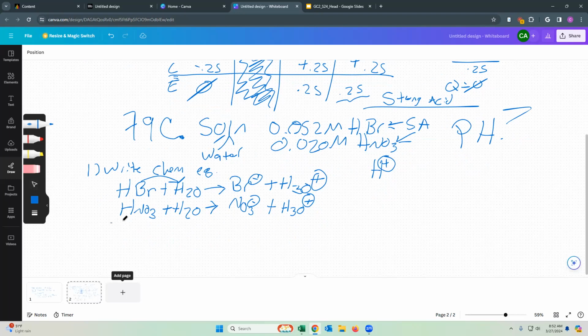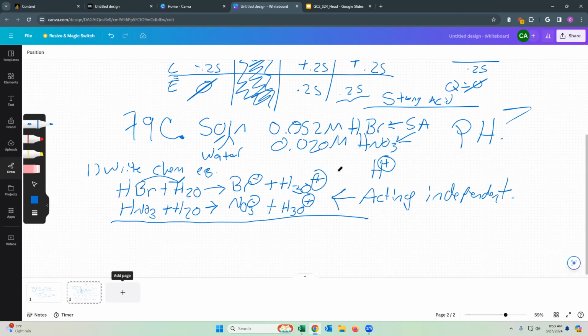Now, these are happening in the same beaker, so I could combine them. You don't have to, but you could. What I want to point out is that these strong acids are acting independently of each other. HBr and HNO3 don't care that they're in the same beaker together. They're working independently. A strong acid means I'm dissociating completely.